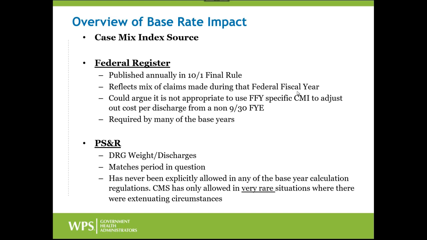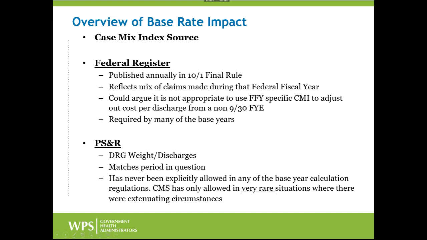That argument seems valid, but by regulation and Federal Register, it is required of these base rates. Now, if you go to the PSNR, depending on which period you run, you would also get a case mix index for that specific period. If you have a 9/30 fiscal year for your cost report, then assuming you haven't had a lot of late claims or late adjustments, the CMI that you get from the PSNR should match what shows up in the Federal Register.